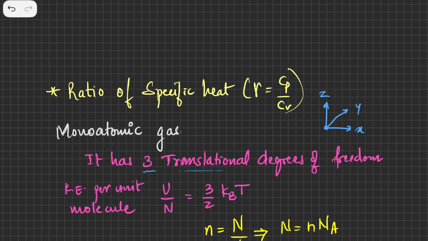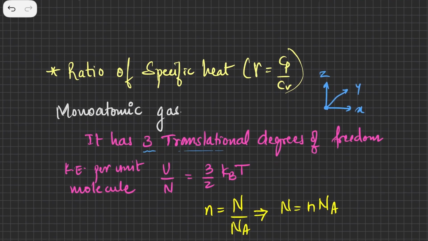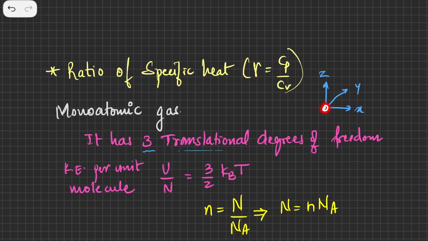Now for a monoatomic gas, helium is basically a monoatomic gas. Its single atom is its own molecule, it's not going to share with any other atom, so molecule and atom are one and the same. If this is the helium atom, or any monoatomic gas which has a single atom as its own molecule, it can move in the x direction, the y direction, and the z direction too.